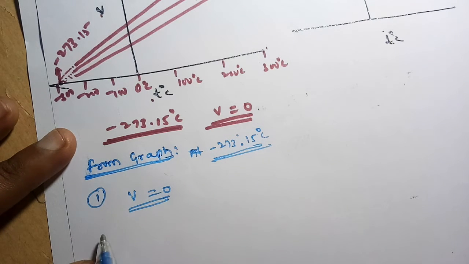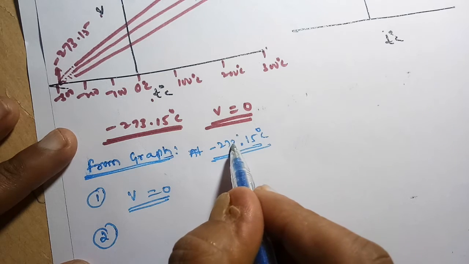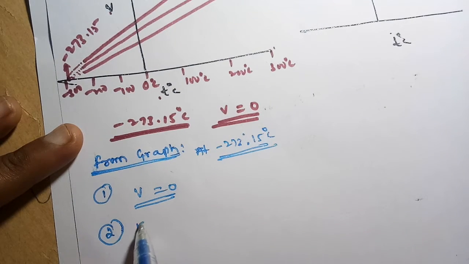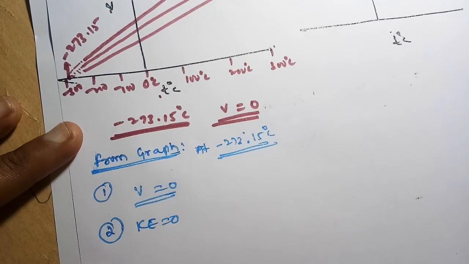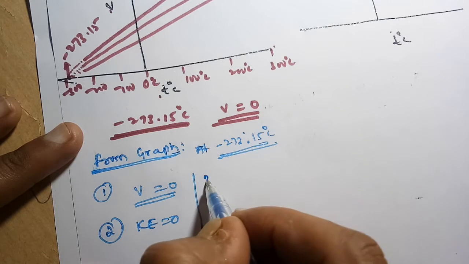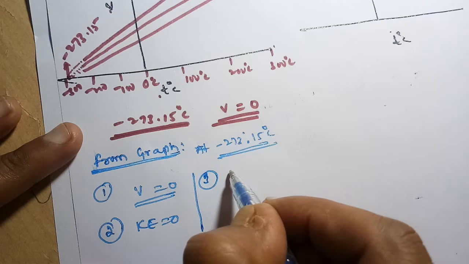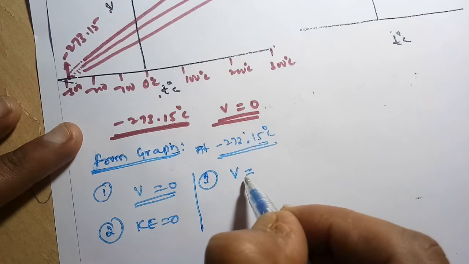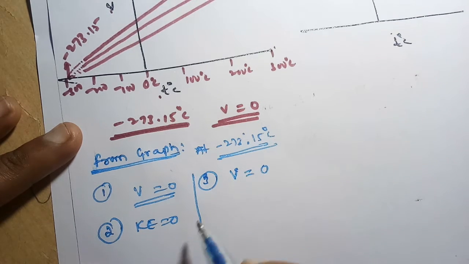As well, at minus 273.15 degrees centigrade, the kinetic energy of the gas is also equal to 0. So at minus 273.15 degrees centigrade, the velocity of the gas molecules is also 0.